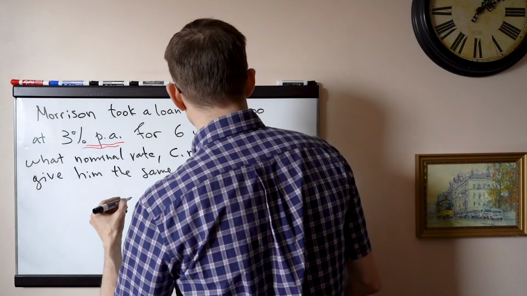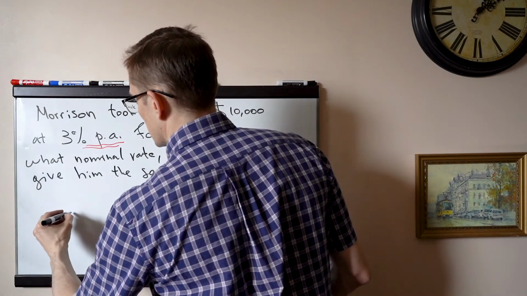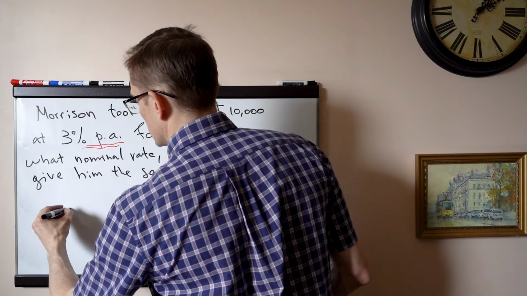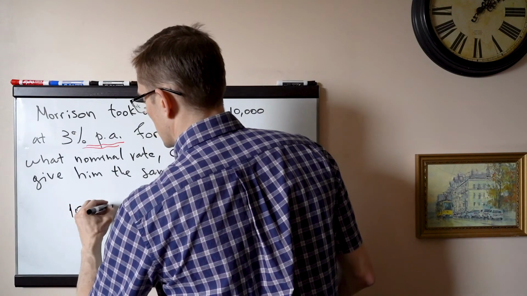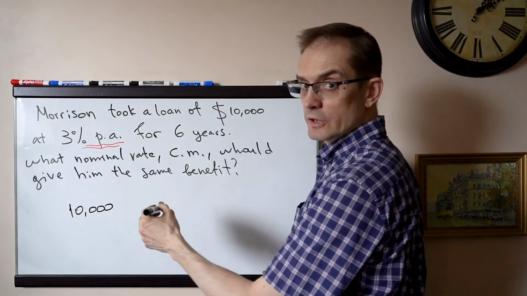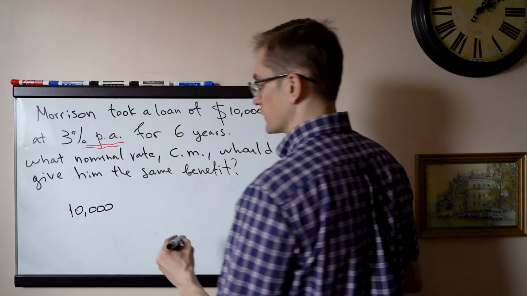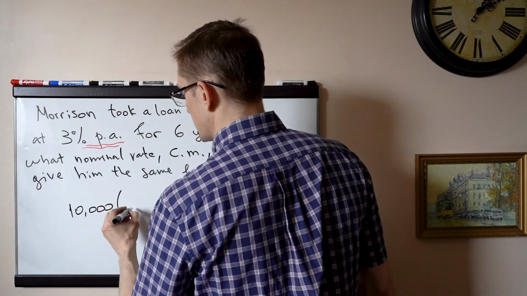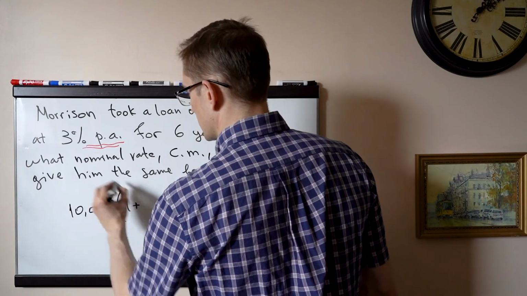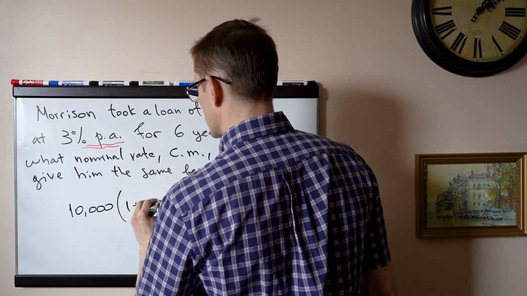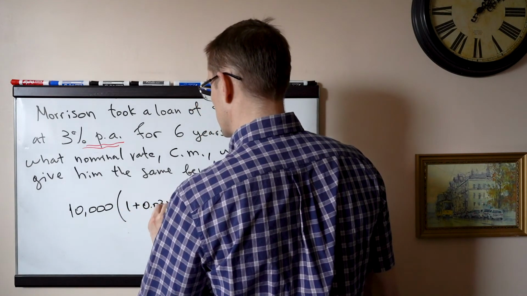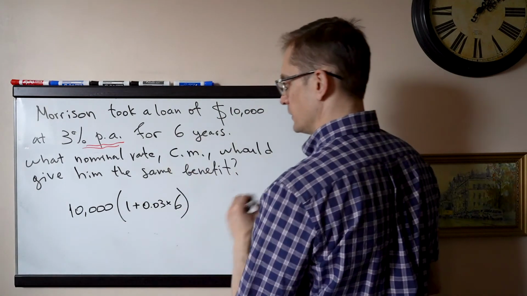Okay, let's say I invest $10,000. I'll show now why a $1 investment is enough, and actually this information would even be superfluous in this problem. If I invest $10,000 at this simple rate, it will be 0.03 times 6 for all 6 years.